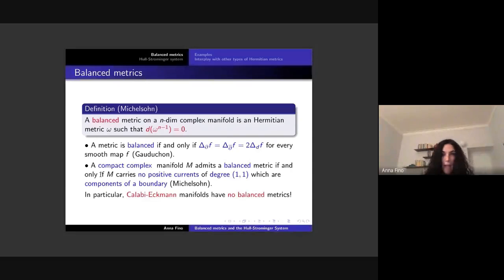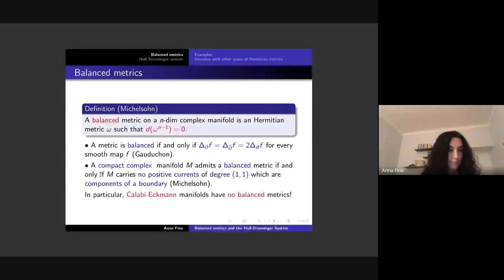In fact, if M has a balanced metric, it cannot have a compact complex submanifold of codimension 1 which is homologous to 0. This applies, for instance, to Calabi-Eckmann manifolds. So the product of two odd-dimensional spheres cannot have a balanced metric, and that follows essentially using the torus fibration over the product of complex projective spaces.